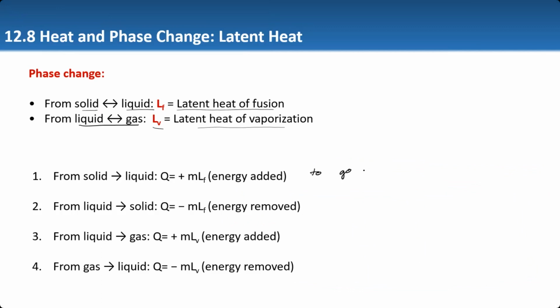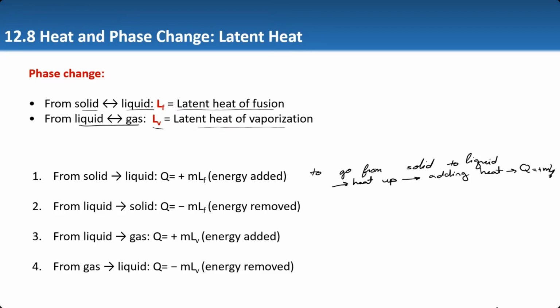To go from solid to liquid, we are basically warming up or heating up the material. We are increasing the temperature, and thus we are adding heat. So I will write Q equal to plus m L of fusion because we're going through the melting.